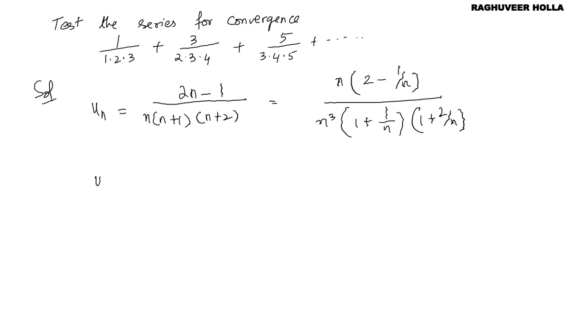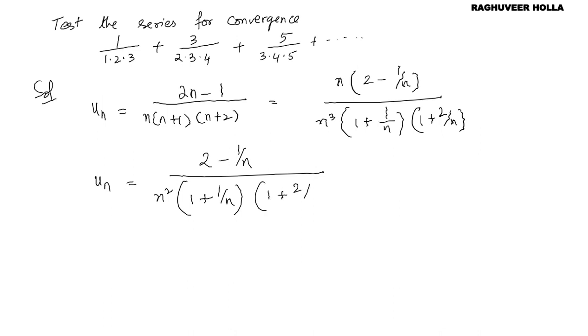Now un is equal to, now I can remove n, so that would be 2 minus 1 by n divided by n square, 1 plus 1 by n multiplied by 1 plus 2 by n, right?